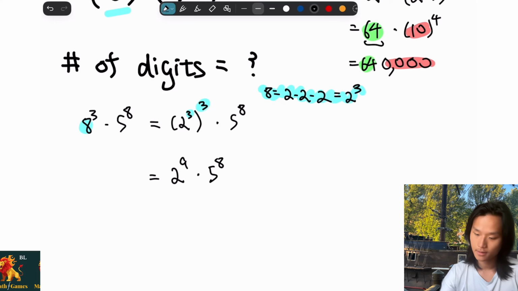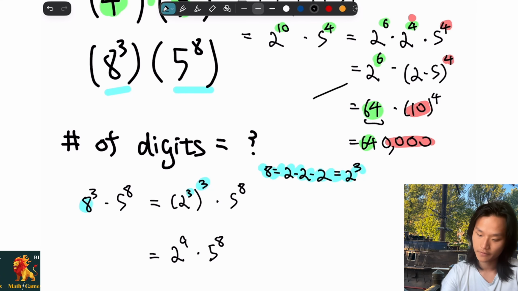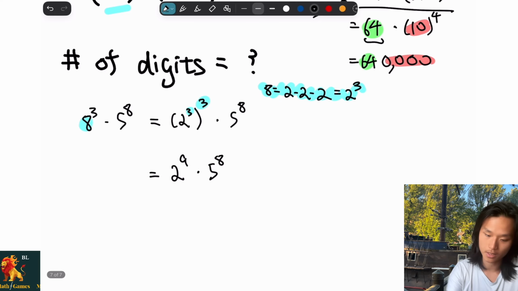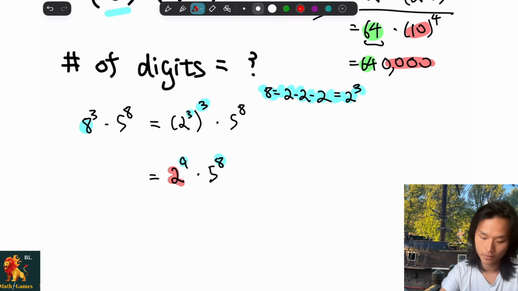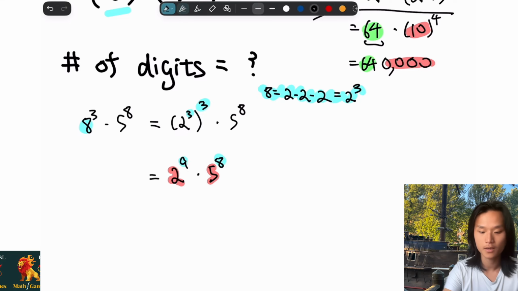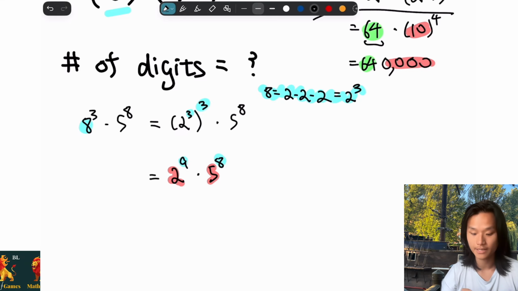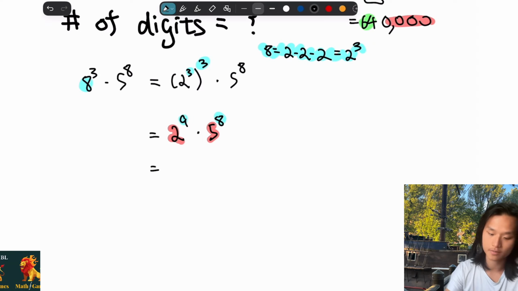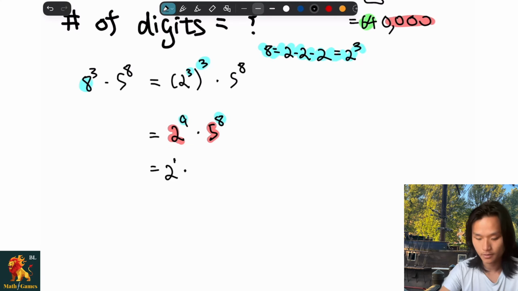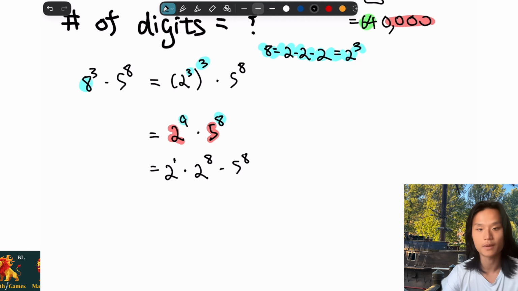Now once again, if we look at the previous question, we should figure out what we do here. Notice the powers here are 9 and 8, and very luckily for us, we have 2 and 5. Okay, so we want to create some powers of 10, and we can do that by rewriting this expression as 2 raised to the power of 1, which is just itself, multiplied by 2 raised to the power of 8, and then 5 raised to the power of 8.